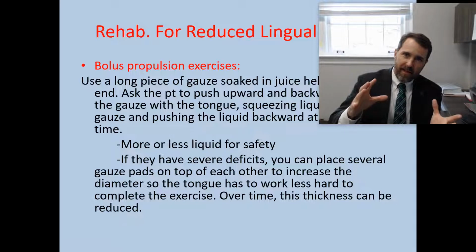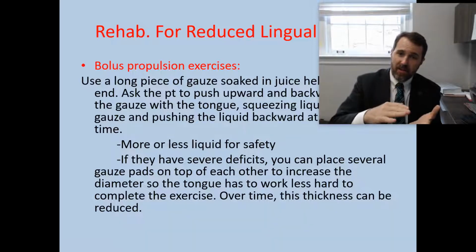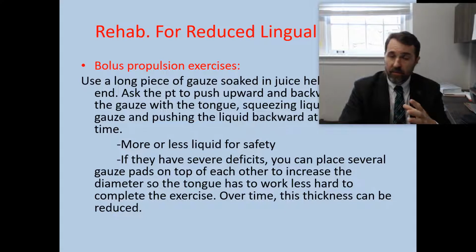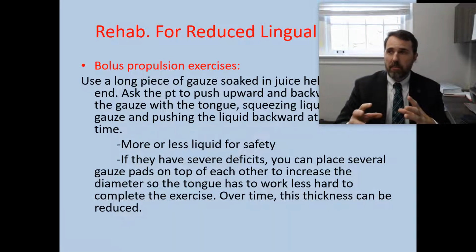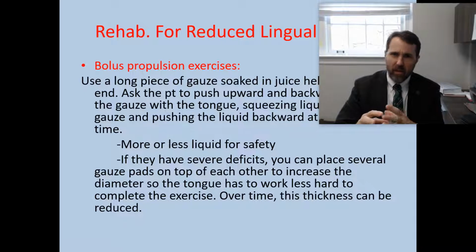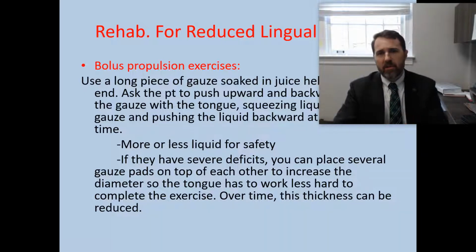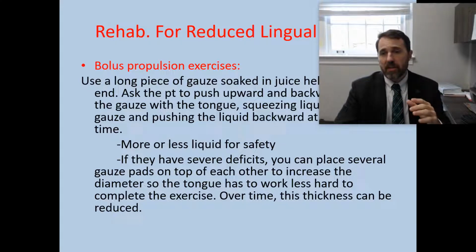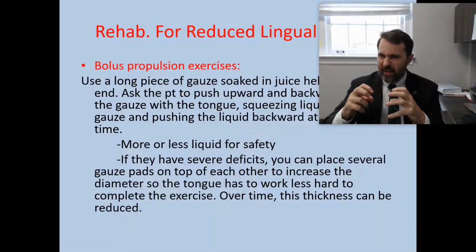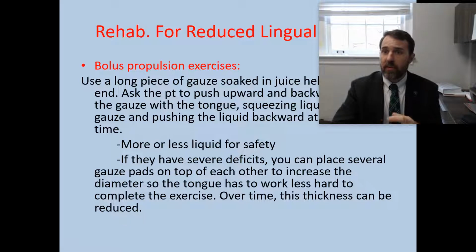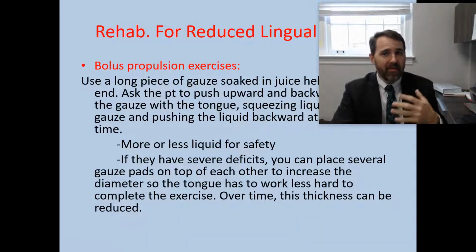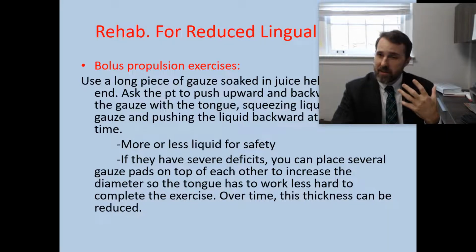So difficulty can be increased by using less gauze, and difficulty can be increased by also using less liquid in the gauze to make it more difficult to squeeze out. Keeping in mind the safety of the patient, if you're putting a lot of liquid in their mouth, you have to keep in mind that you want to keep them safe and keep them from possibly aspirating that.